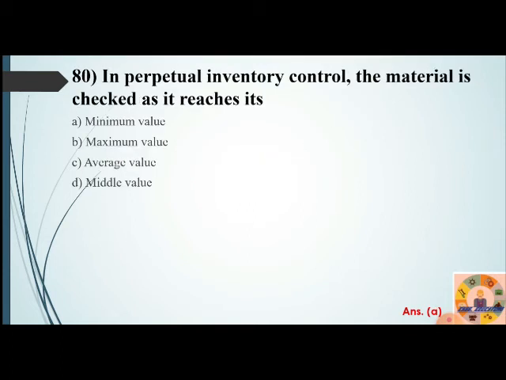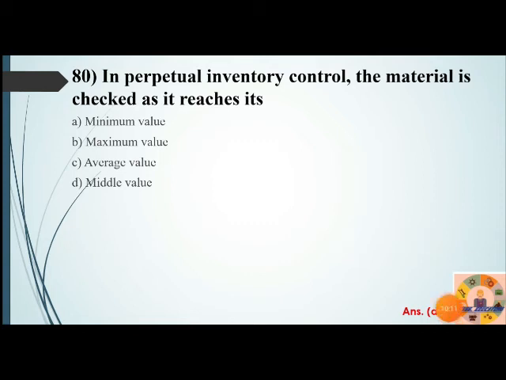Next question is, in perpetual inventory control, the material is checked as it reaches its, options are, minimum value, maximum value, average value, or option D, middle value.